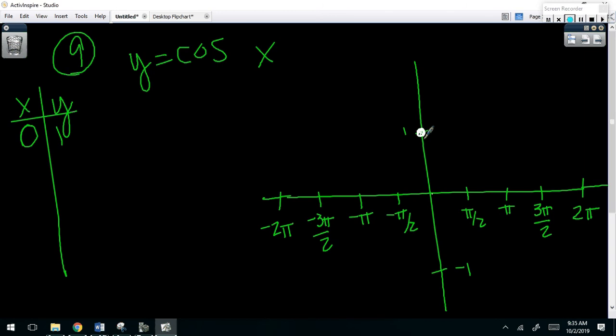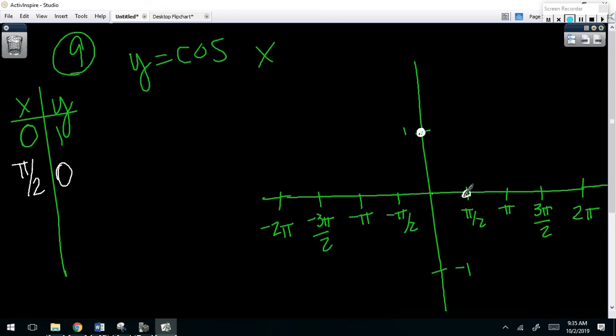The cosine of pi over 2. If you start putting cosine pi over 2 in your calculator, you would need to make sure that your calculator was set to radians and not degrees, and we hadn't quite got to that. All right, the cosine of pi over 2, what do you think it is? 0. What do you think the cosine of pi is? -1.